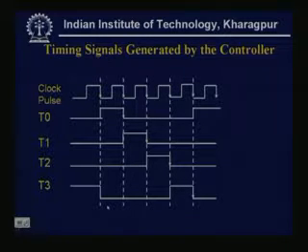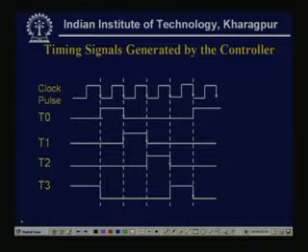Now, we see one example of how the timing signals are generated. We have one master clock pulse.